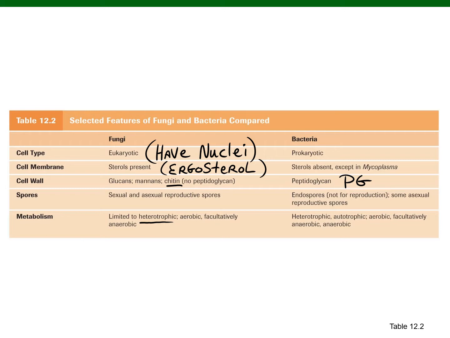And bacteria also can be autotrophic, and so some of them are photosynthetic or can get their chemicals by making most of their own food or nutrients. And when we compare that to fungi, fungi are not this way. They must get their nutrients from other places.